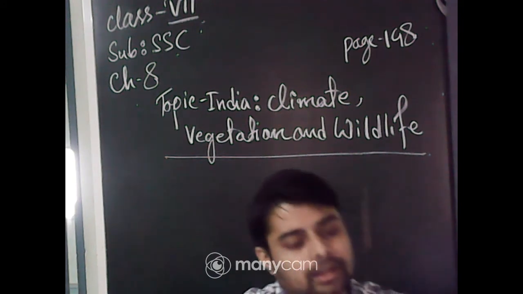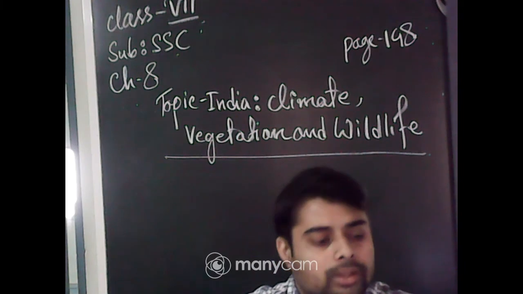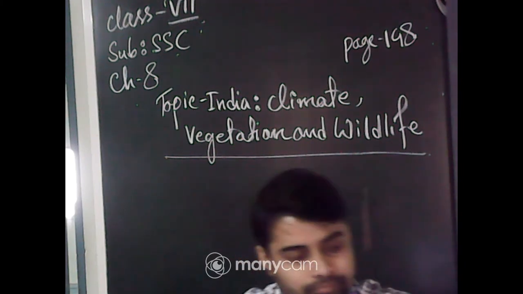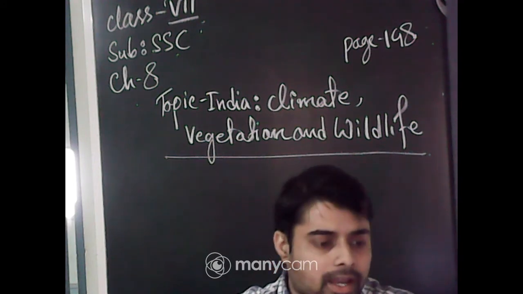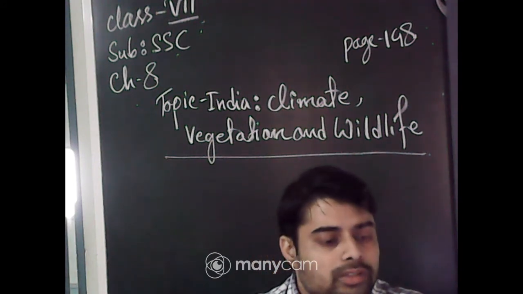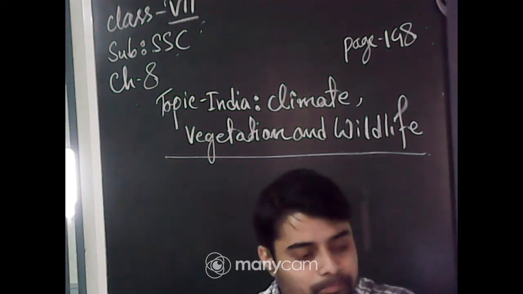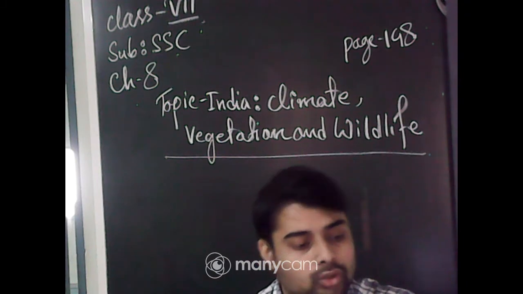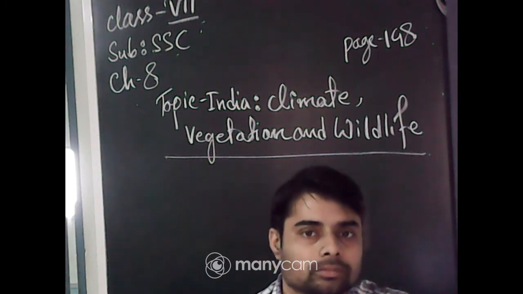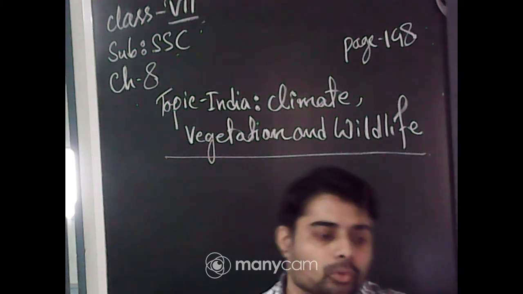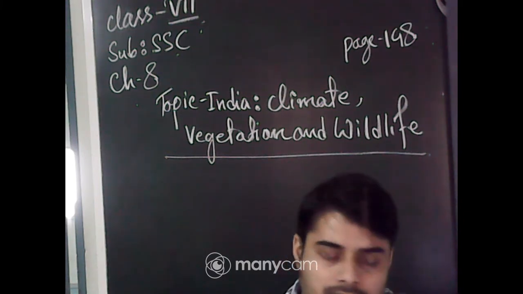However, climate is about the average weather condition observed over many years, and the climate of India has broadly been described as monsoon type, because monsoon is taken from the Arabic word mausim, which means season. Due to India's location in the tropical region, because the Tropic of Cancer passes through the middle of the country, most of the rain is brought by monsoon winds.